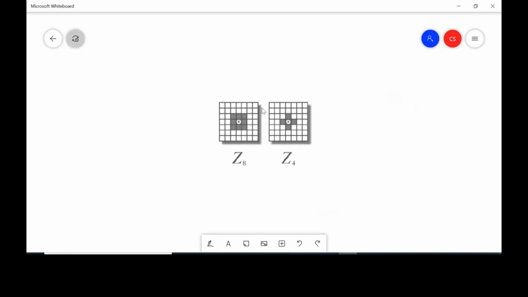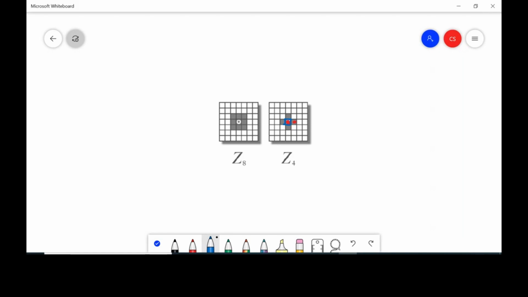Okay, so here in set 8, we have this pixel and we have this one. And you may see that all the boundary is an edge of a pixel. It is the same with the other 4 neighbors.